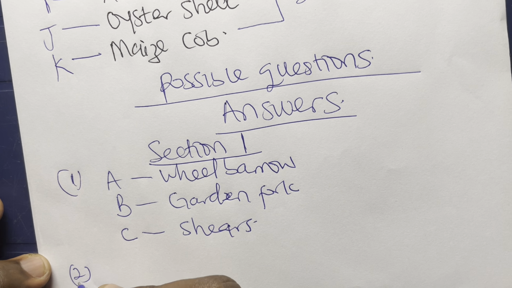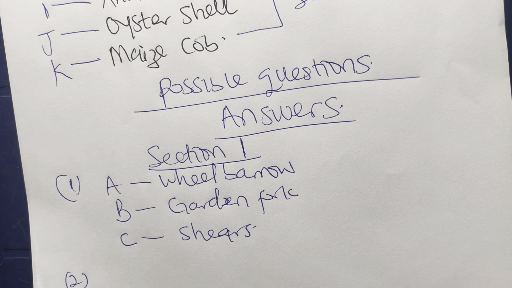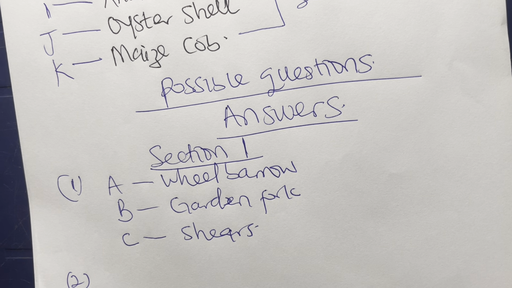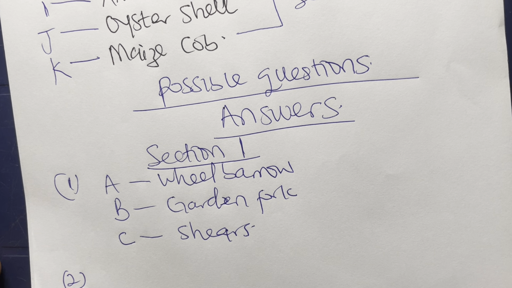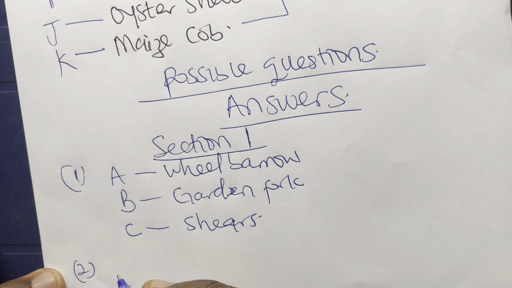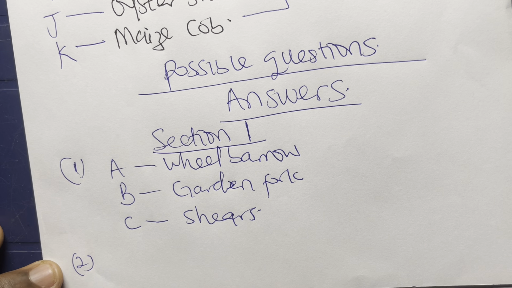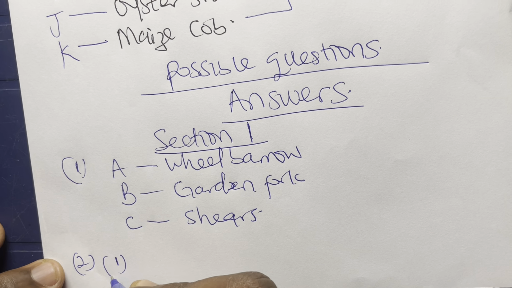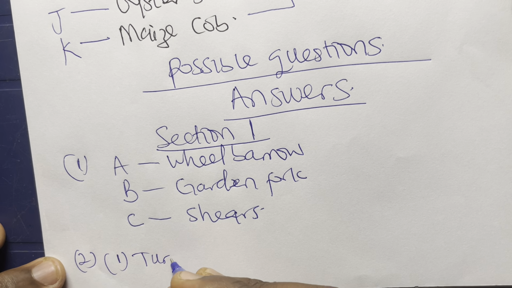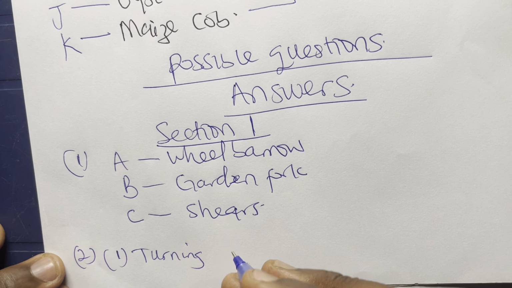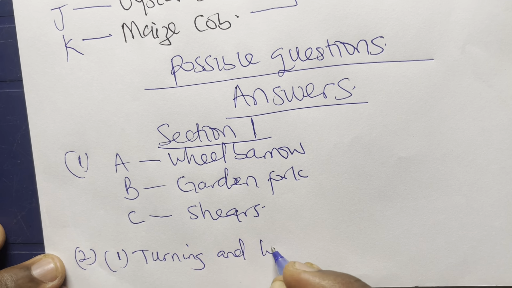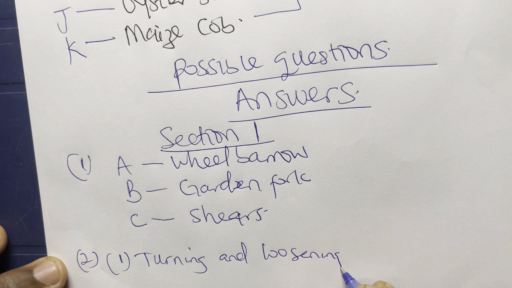Now another question they can ask you based on this specimen is that they can ask you to mention 2 farm operations that are carried out using specimen B. So 2 farm operations that are carried out using specimen B, they are: number 1, it is used in turning and loosening the soil.